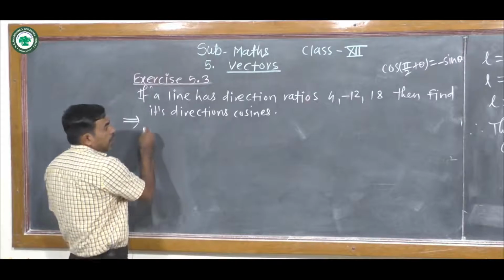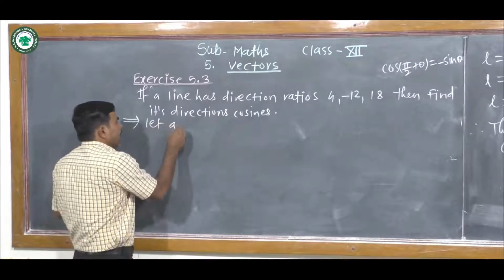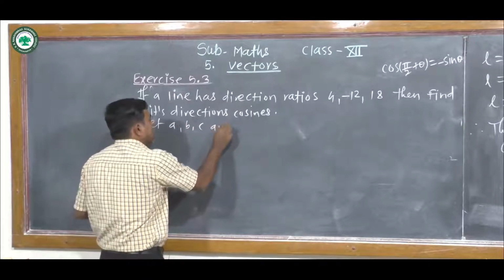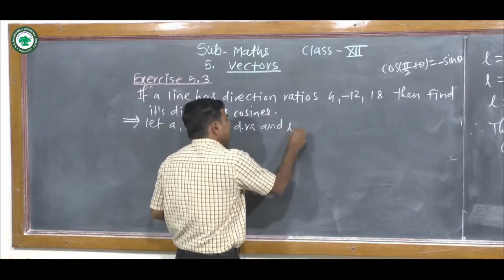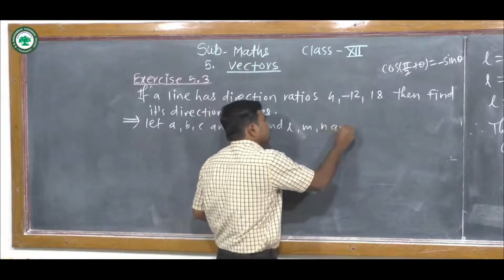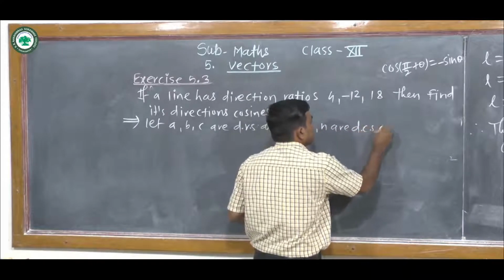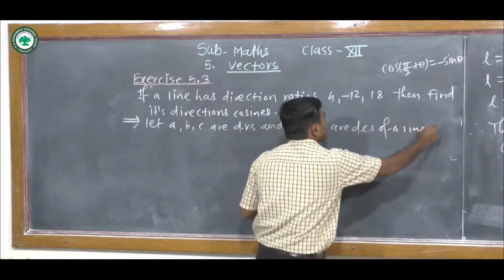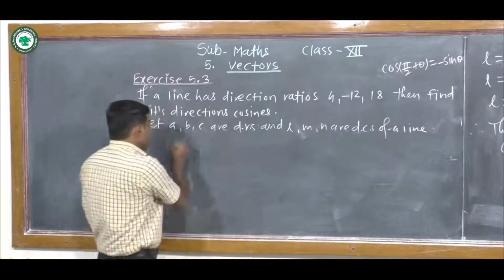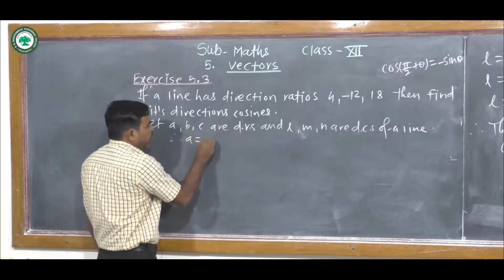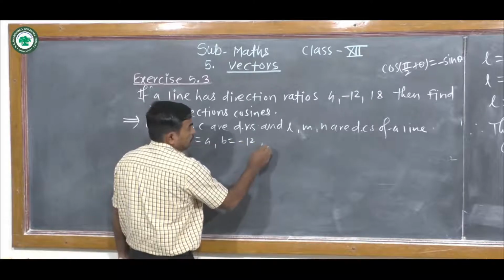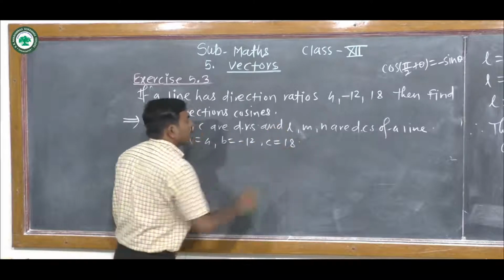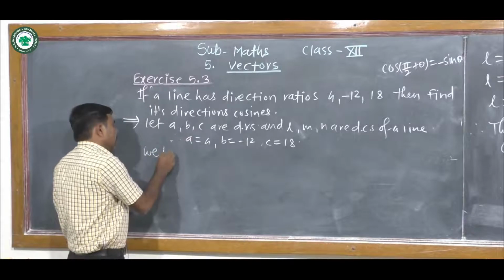See here. Let a, b, c are direction ratios and l, m, n are direction cosines of a line. So therefore here a is equal to 4, b is equal to minus 12, and c is equal to 18.